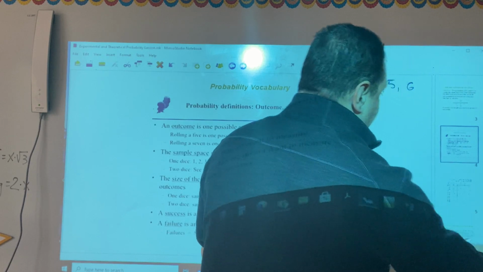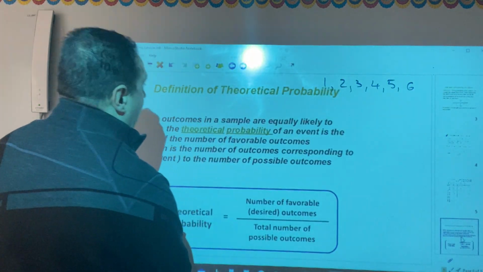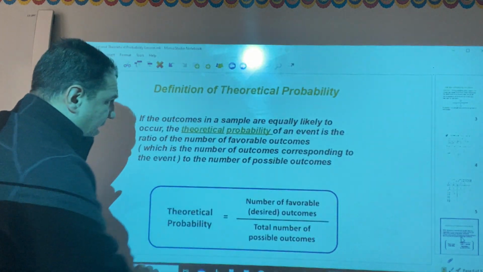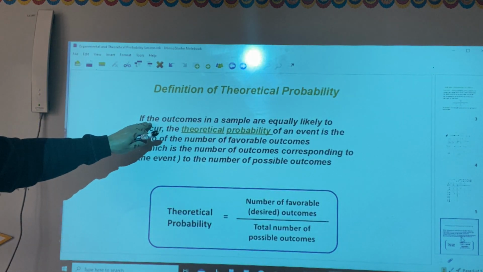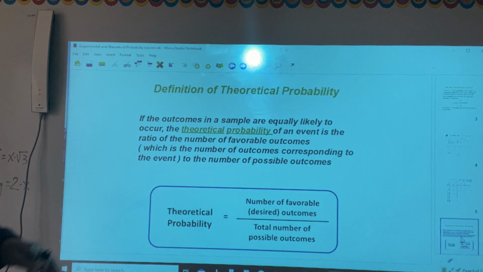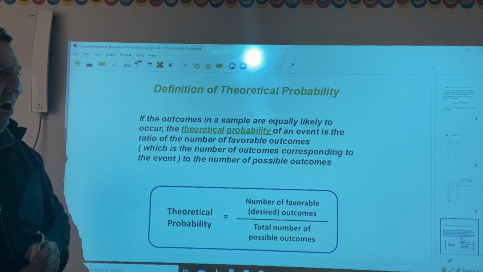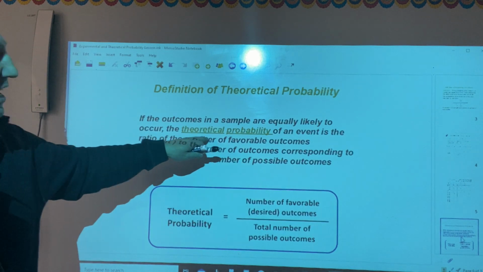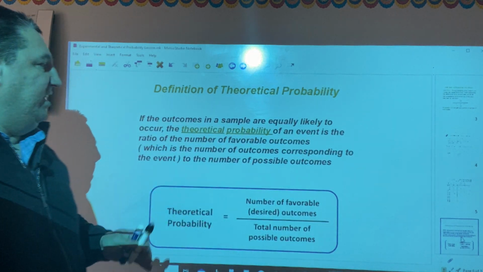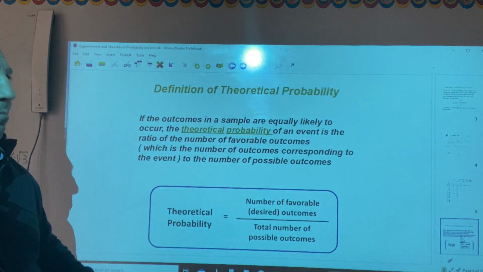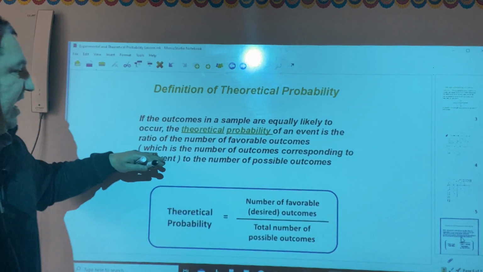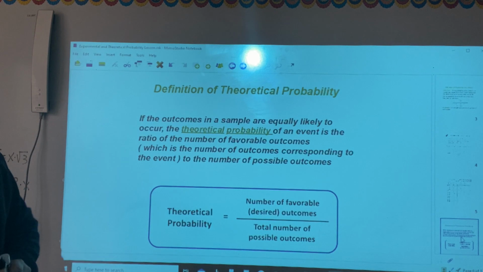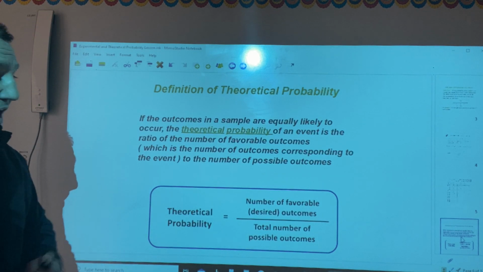Now, let's define theoretical probability. If the outcomes in a sample space are equally likely to occur, the theoretical probability of an event is the ratio of the number of favorable outcomes, which is the number of outcomes corresponding to the event, to the number of possible outcomes.